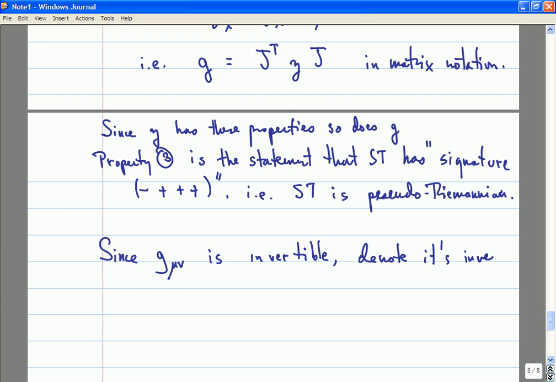We will denote its inverse by G mu nu with 2 upper indices. So pay attention carefully. It's easy to get confused with this notation. By G mu nu with 2 lower indices, we mean the 0, 2 tensor, which is the metric. And by G mu nu with 2 upper indices, we mean its inverse.